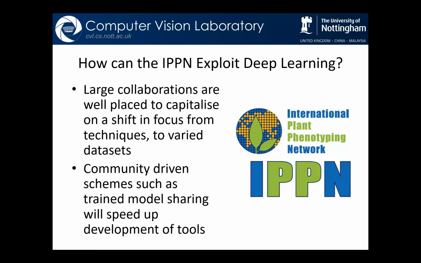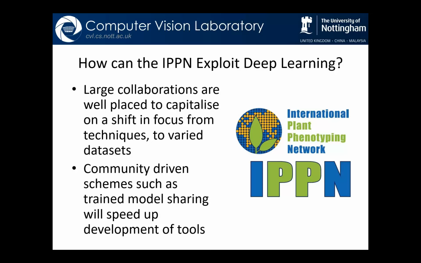We're not quite there yet. They still need quite a lot of expertise to drive them. But we will get to a point where if you have the data, a machine will learn to solve it for you. And it's going to be a case of getting that data. And collaborations are a good place to do this because people have different expertise and much more manpower.